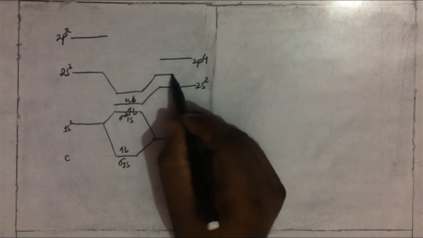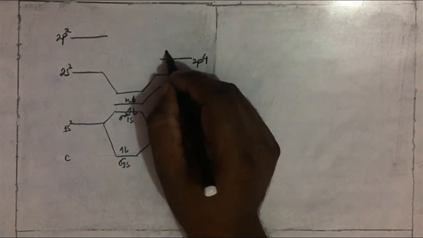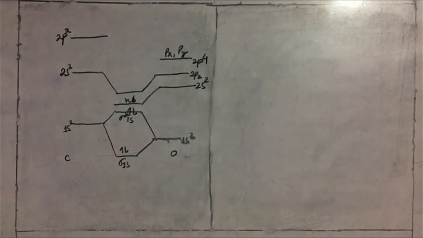Here is 2pz, and here the px, py orbitals.